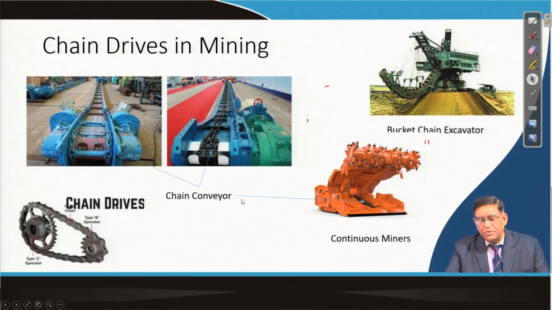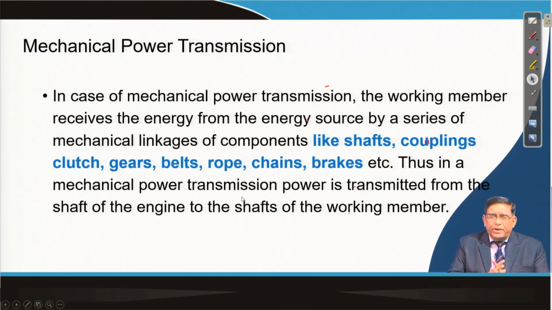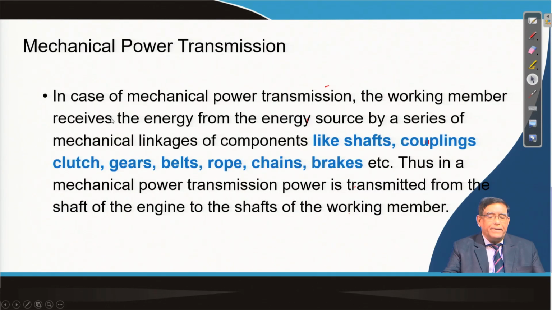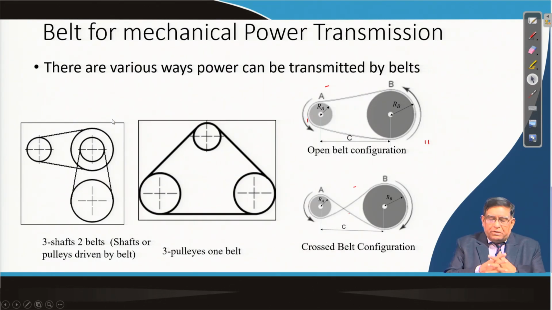When we talk in general about mechanical power transmission, it takes place using a number of components. In our last class we talked about shafts, couplings, clutches and gears. Now ropes and belts are also used over here. Belts for mechanical power transmission systems can be arranged in different ways depending on the purpose.